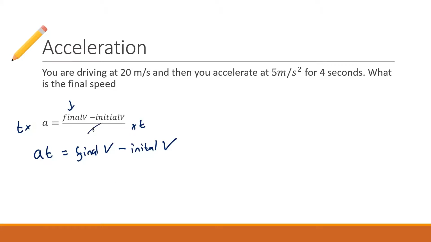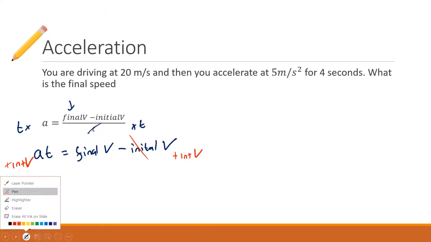I'm just doing some basic maths here, moving that T to the other side. And then, because I want to know what the final speed is, I'm going to add initial speed to both sides, because that'll cancel that out.